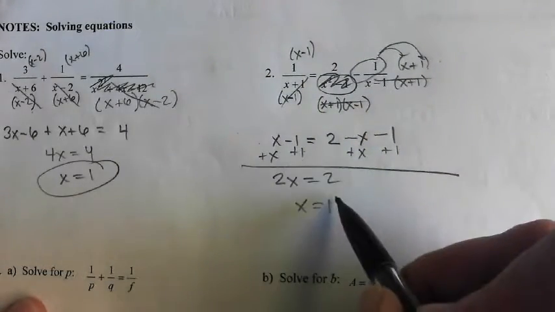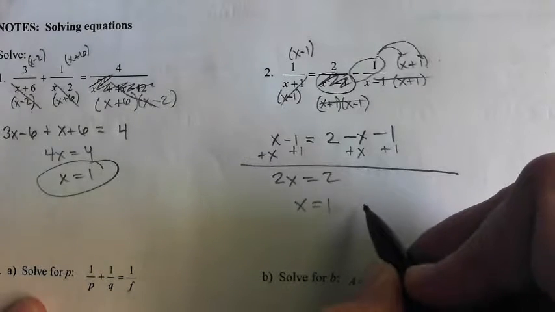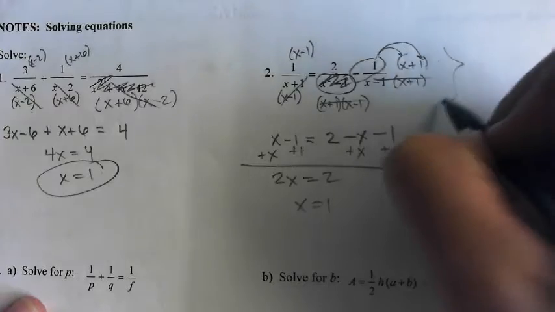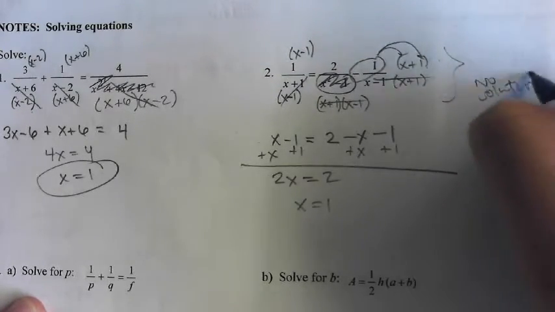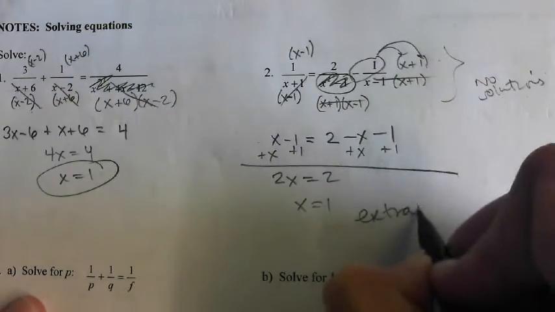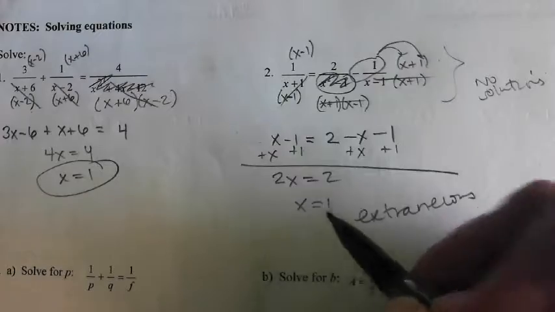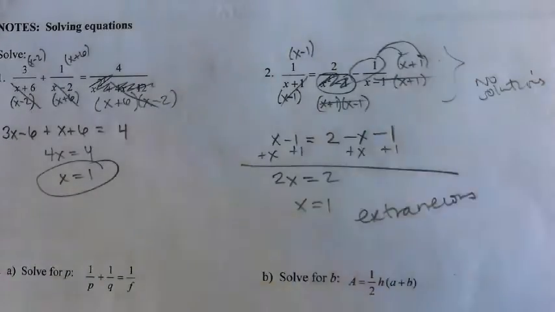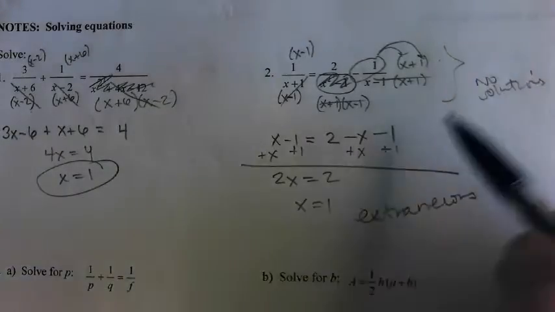So does anybody remember the vocab word, what kind of solution that's called? No, your answer to the problem would be no solutions. Extraneous, yes. So when you get a solution, and you didn't do anything wrong, you did everything right, and you get a solution that doesn't check out because of some weird kink, like a 0 in a denominator or a negative underneath a radical, it's called extraneous.